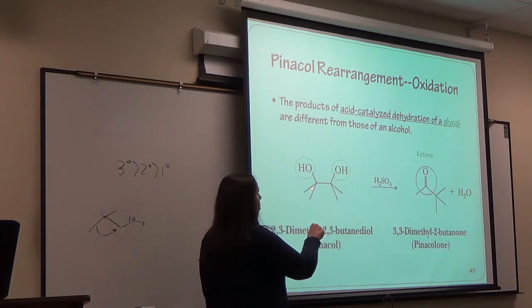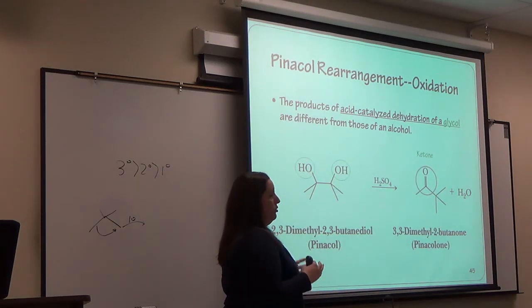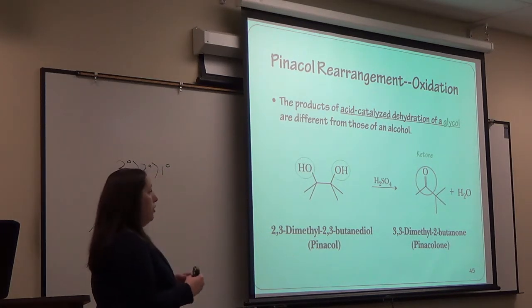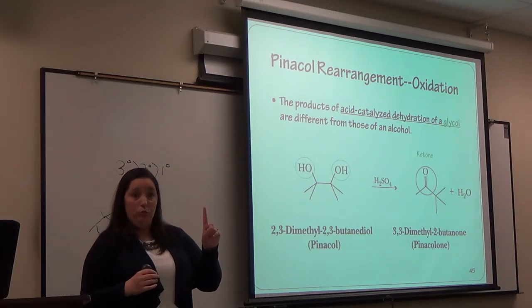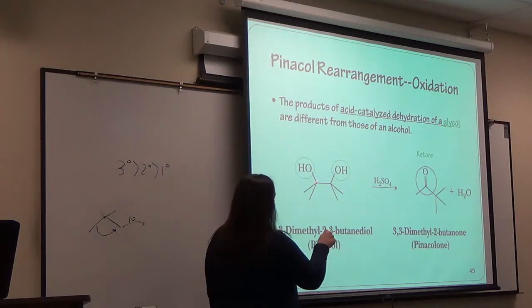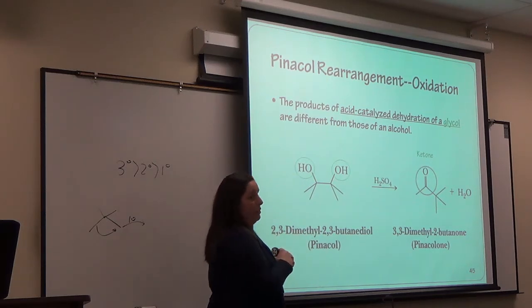Remember, a glycol by definition is a diol, two hydroxyl groups on adjacent carbons. So this type of reaction, which is called a Pinacol Rearrangement, only occurs with a glycol. It doesn't occur when you have just one OH group. You have to have two, and they have to be right next to each other, adjacent. So it doesn't happen if the OHs are far apart.